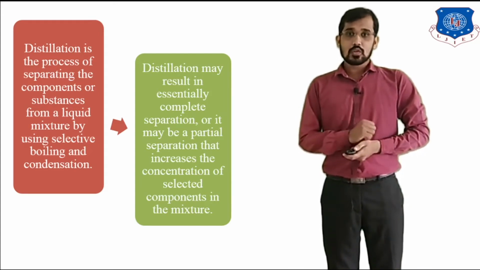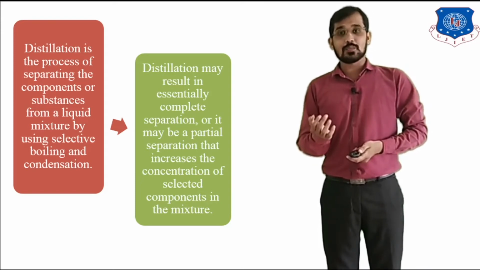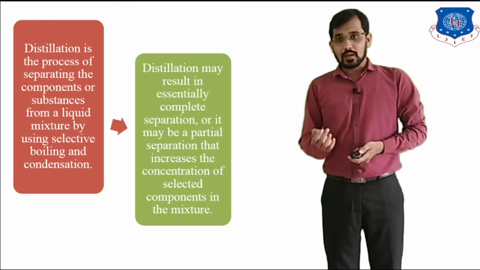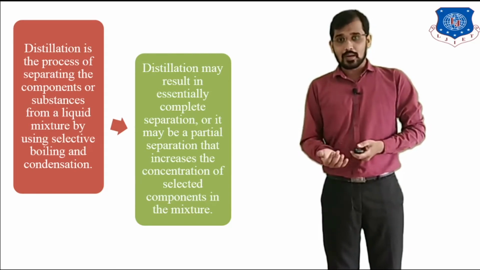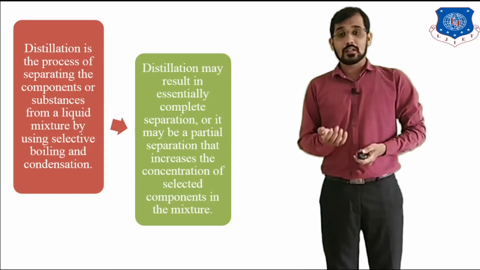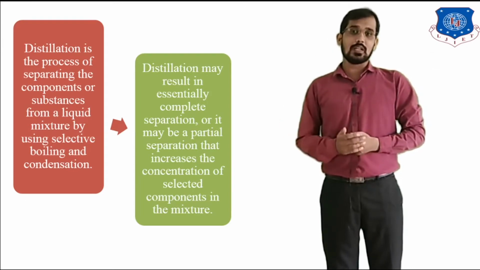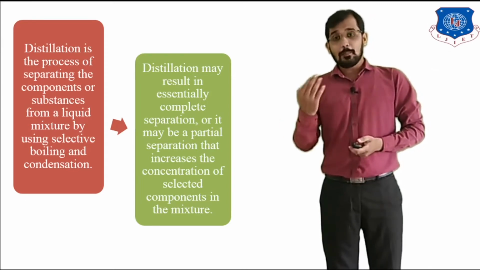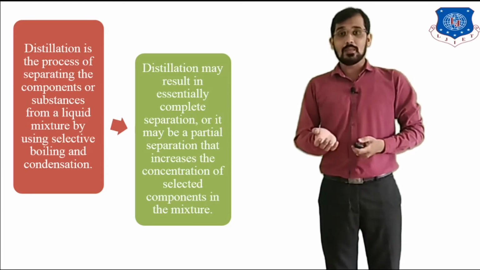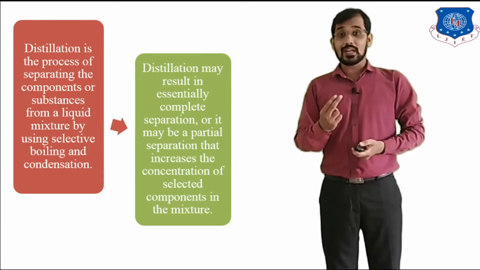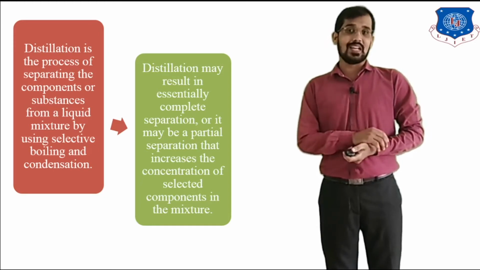I will separate this by using the distillation process, where I heat this mixture using the reboiler, and the vapor generated from the reboiler is transferred to the upper section of the distillation column, and those vapors are transferred to the condenser, where the vapor stream is condensed, and we get two streams. First one is the reflux and second is the distillate.